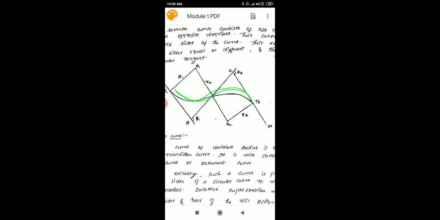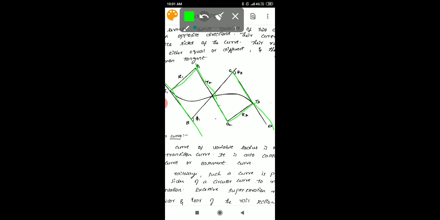Okay, see here, this one is radius 1 and this one is tangent. By using radius 1 and tangent, by using radius 2 and this tangent, and also using the T3 tangent and the T1 tangent, the first curve is obtained, and by using all this data we will get the second curve.